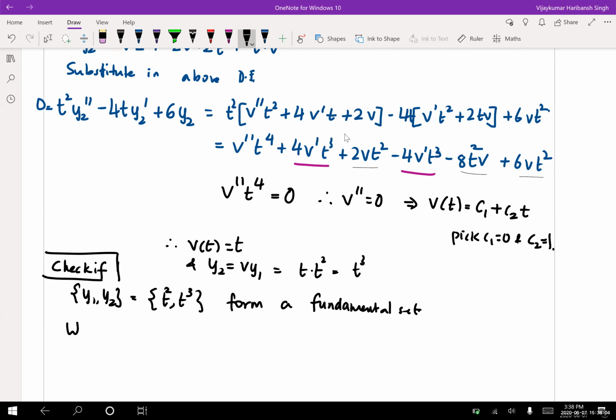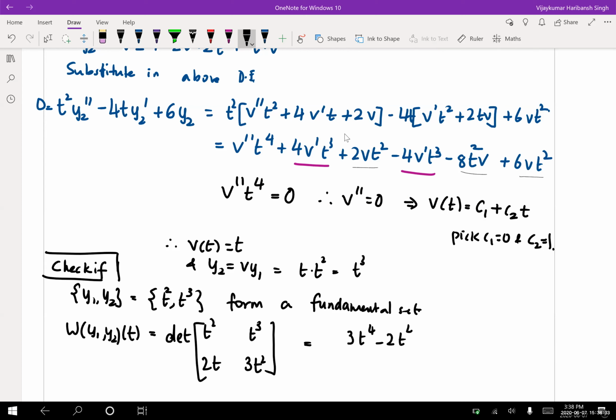The Wronskian of y1, y2 at t is the determinant of y1, which is t squared, its derivative 2t, then y2, t cubed, and its derivative 3t squared. When you simplify, you get 3t to the power 4 minus 2t to the power 4, which is t to the power 4, and that is not identically 0. It's not 0 if t is not 0.